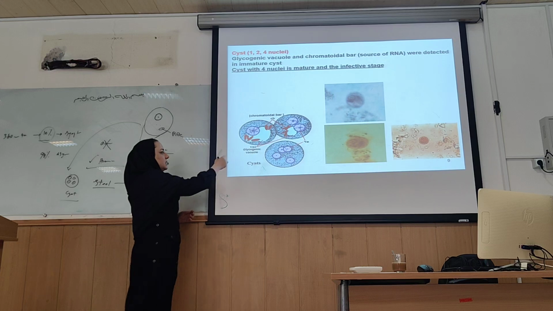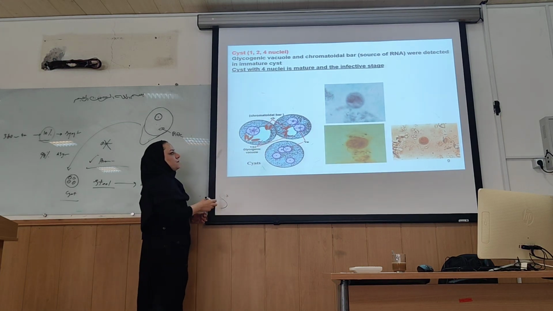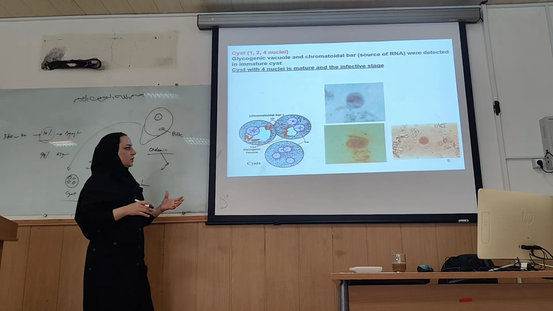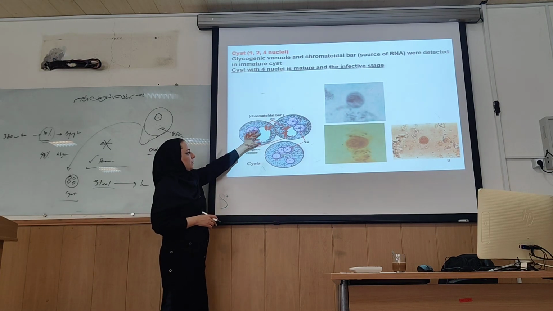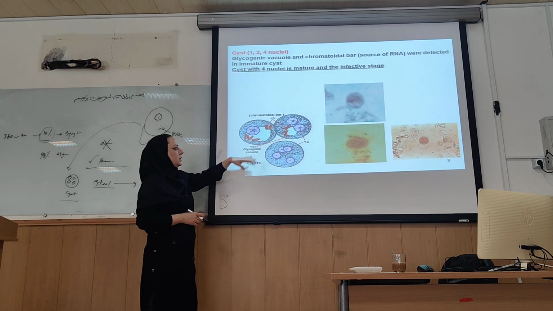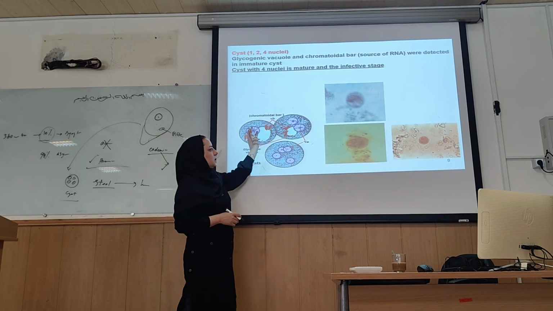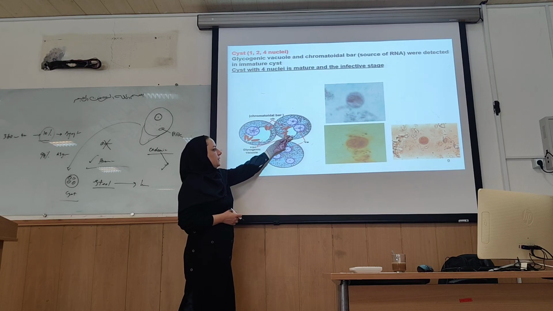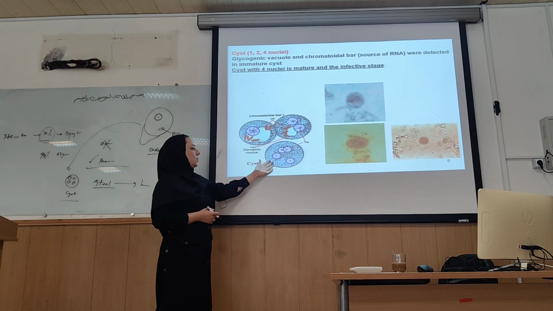Because they have the cyst wall, they can't take nutrients from the outside. They just use the glycogen vacuole inside the cyst. They use it, multiply by mitosis, produce 2, and after that again produce 4 nuclei.